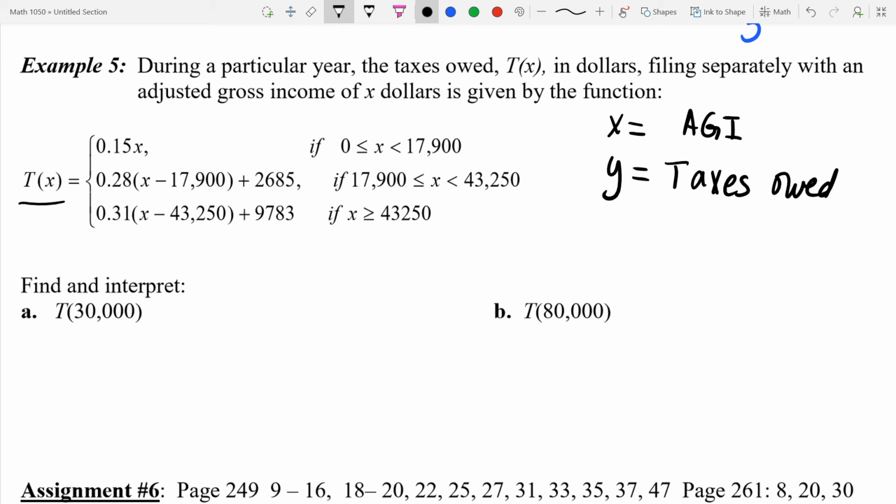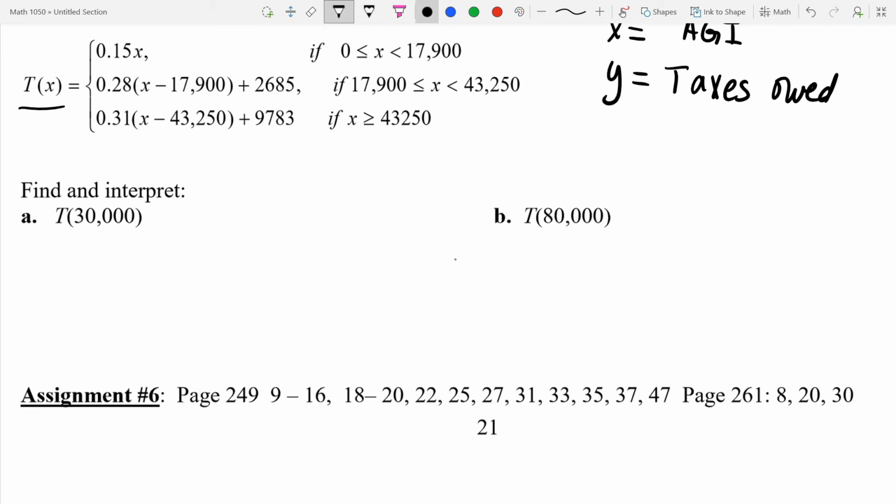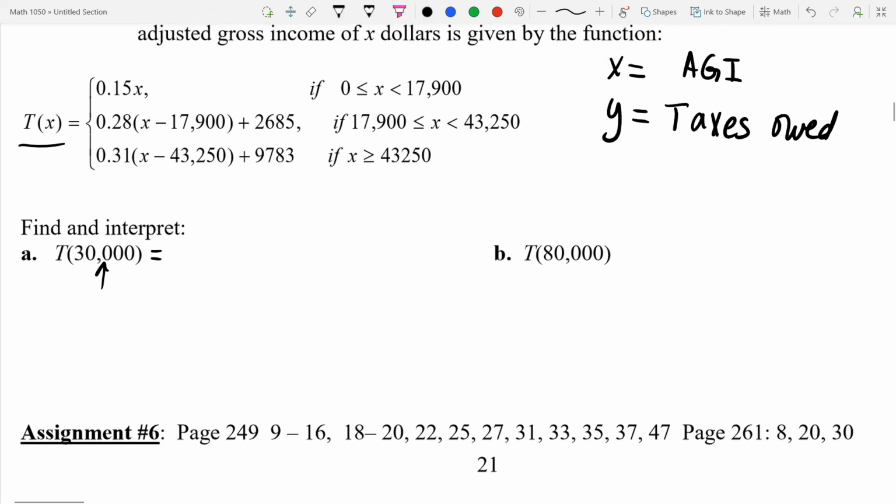Okay, here we go. T of 30,000. Everybody draw an arrow to the 30,000, and tell me, is that an x or the y? An x. So that's your adjusted gross income. Now look, 1, 2, or 3. If my x is 30,000, which one is it? It's number 2.